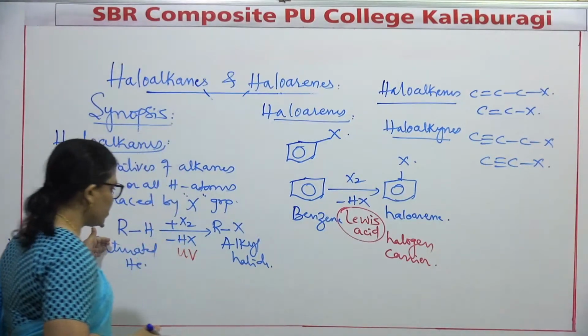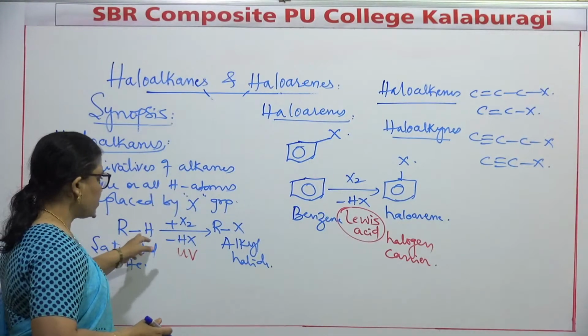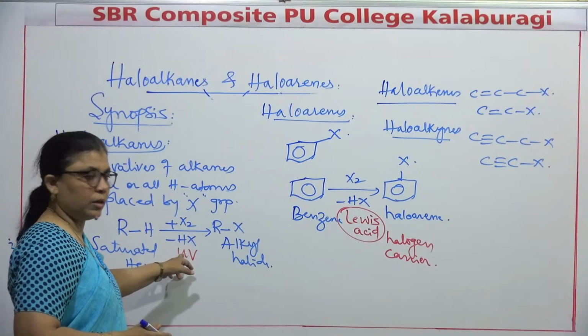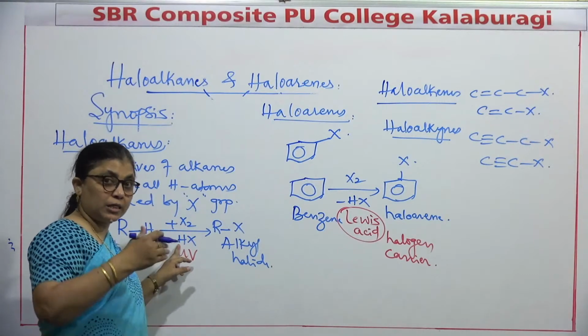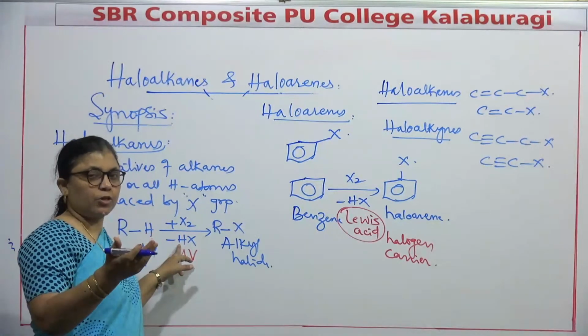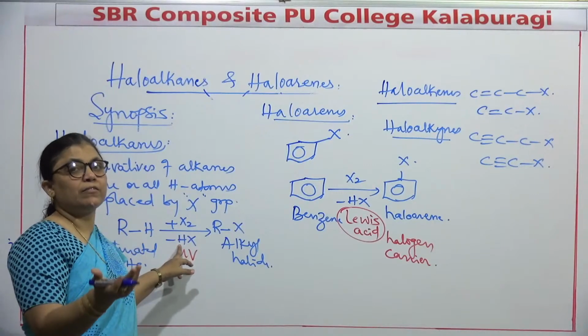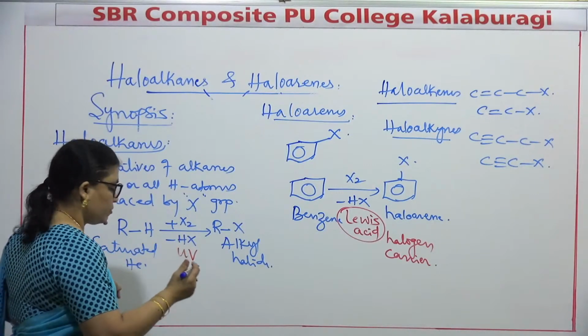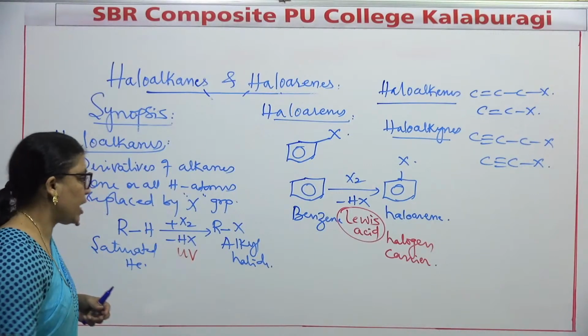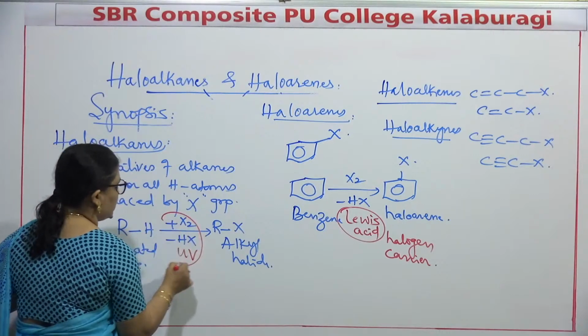These are possible, as I said, from hydrocarbon by substitution reaction, that is halogenation reaction, chain reaction. This is actually called free radical substitution reaction. This is called what, children?